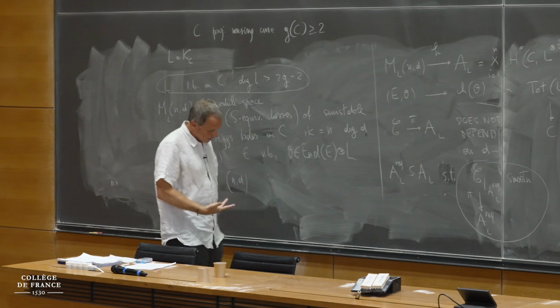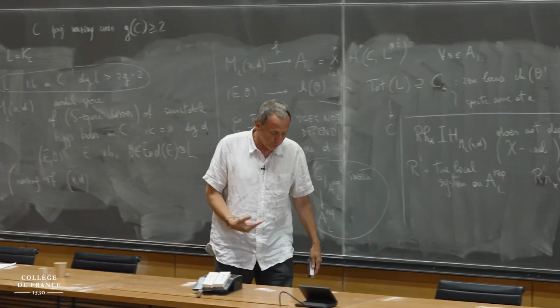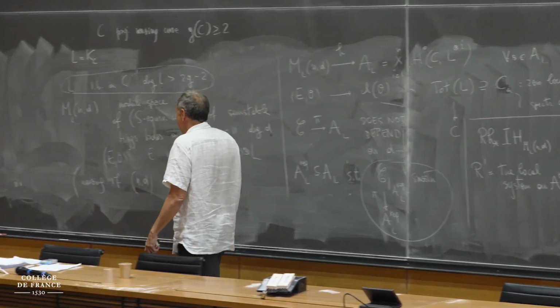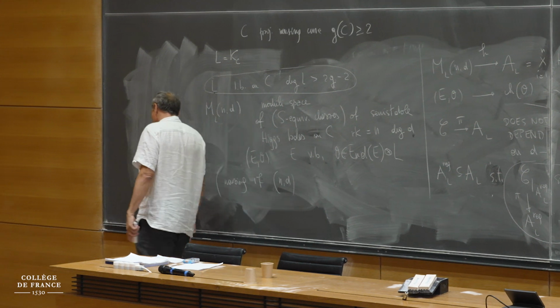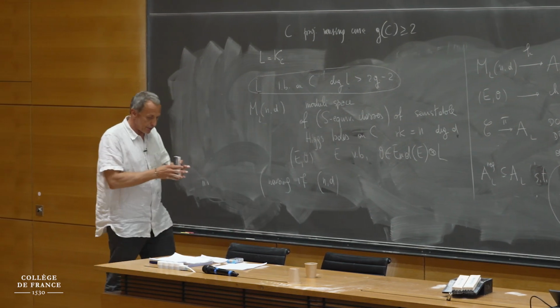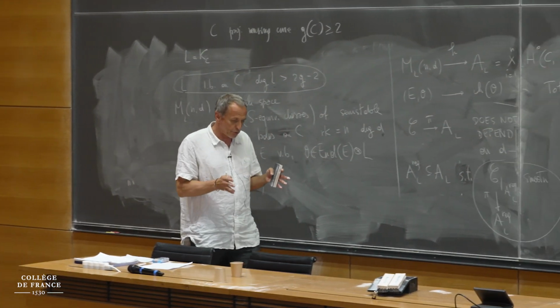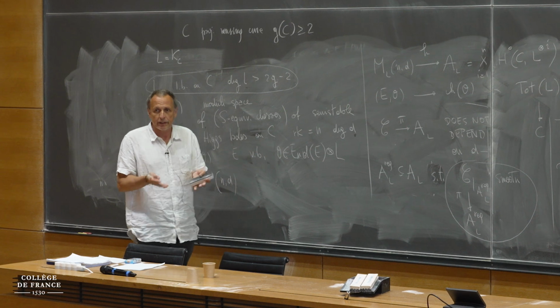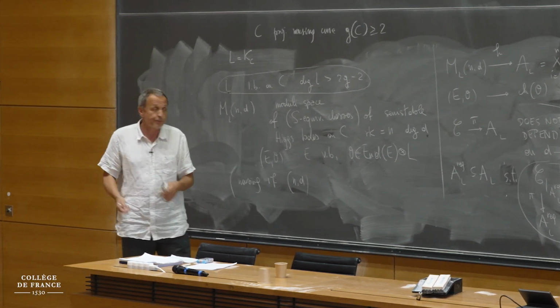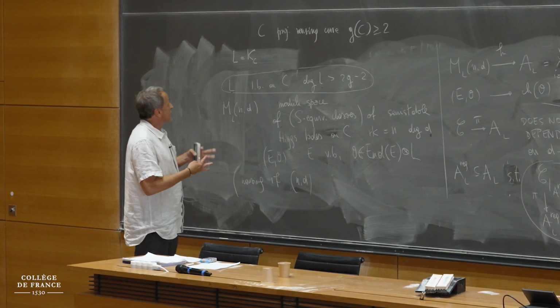So we get the original Higgs moduli space, the moduli space of Higgs bundles, which is the family of moduli spaces relevant in non-abelian Hodge theory.